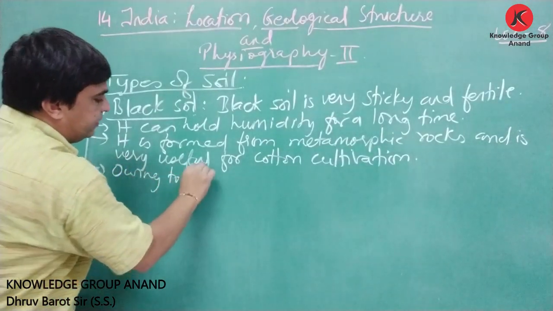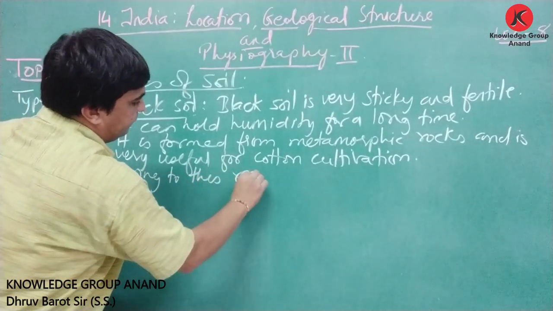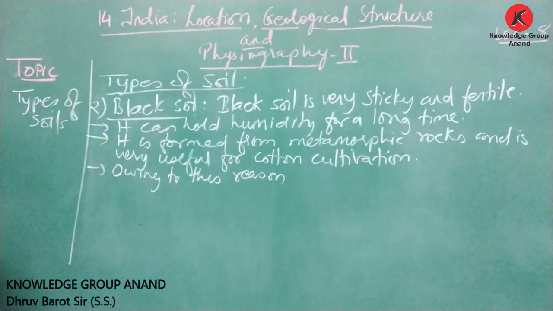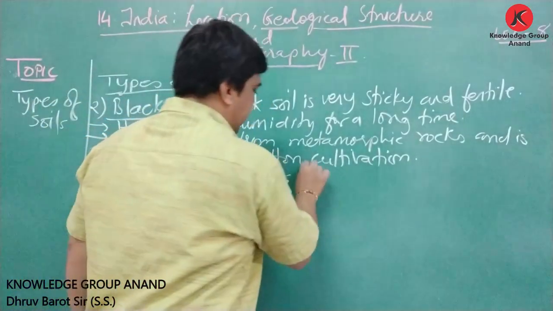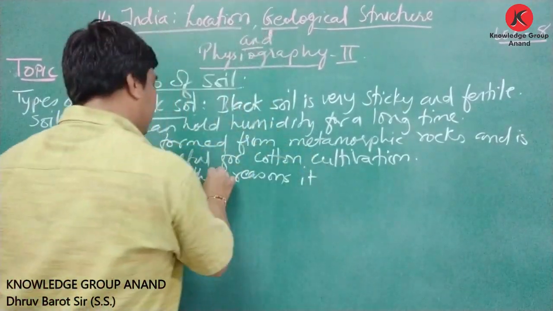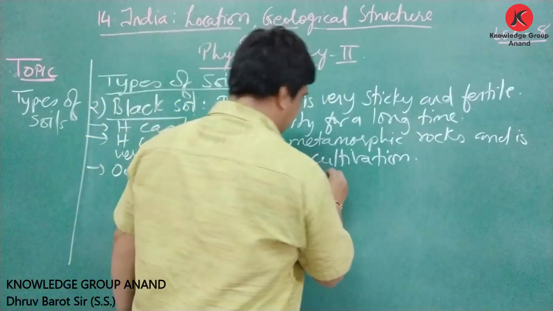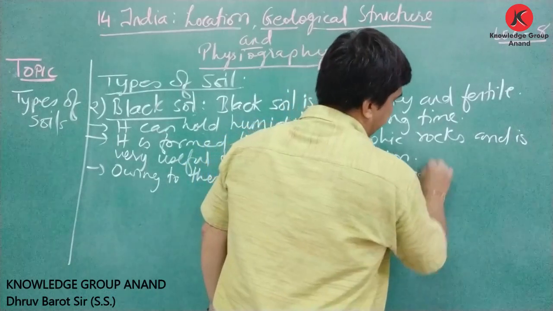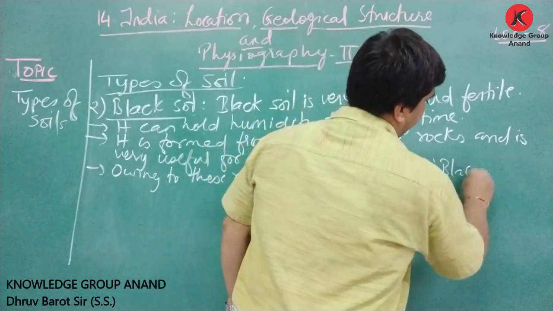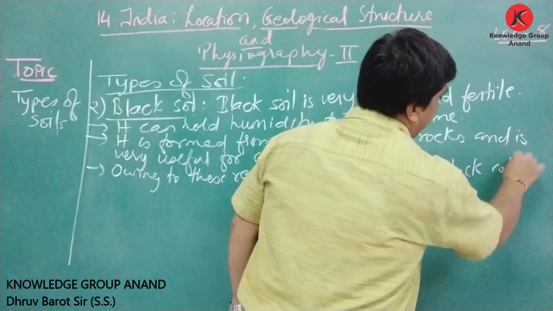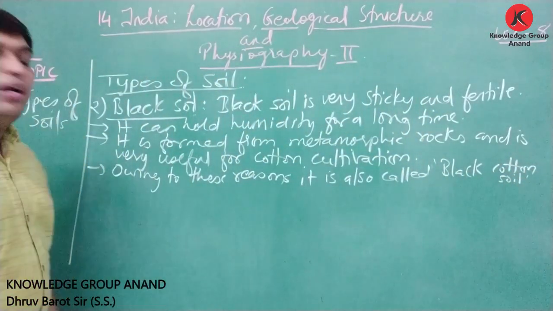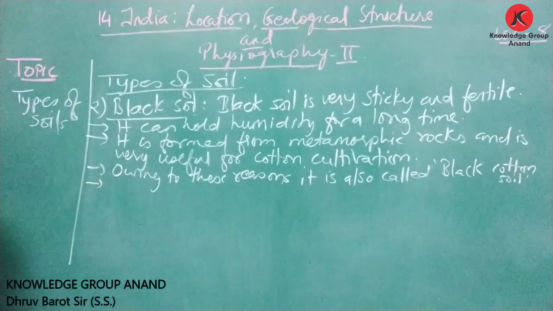Owing to these reasons, it is also called black cotton soil, because it is very fertile for cotton.